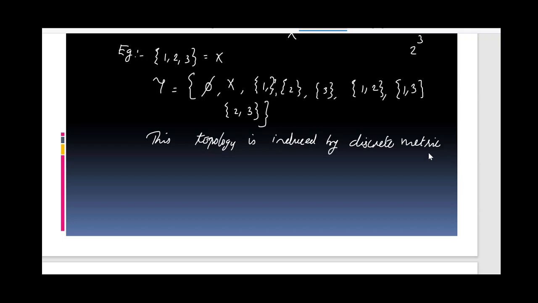And remember, what is the discrete metric? The discrete metric is defined as d(x, y) equal to 1 if x not equal to y and 0 otherwise. So if x not equal to y, it is 1, and if x equal to y, it is 0.